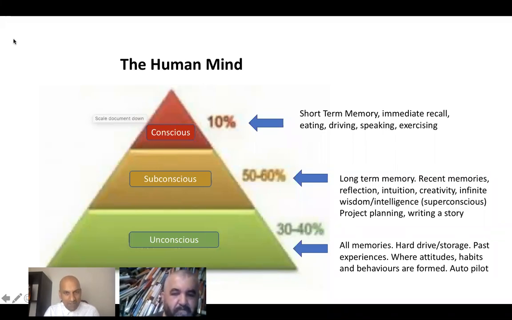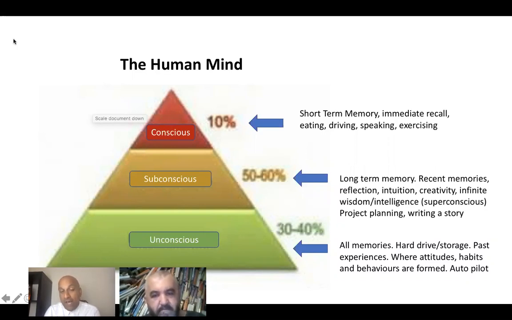So what I have done is I have constructed a very simple diagram to show the composition of the human mind. As you can see, it's divided up into the conscious mind at the top, the subconscious mind, and then the unconscious mind. There obviously is a debate as to the exact proportions of each of these types of mind that make up the whole human mind.